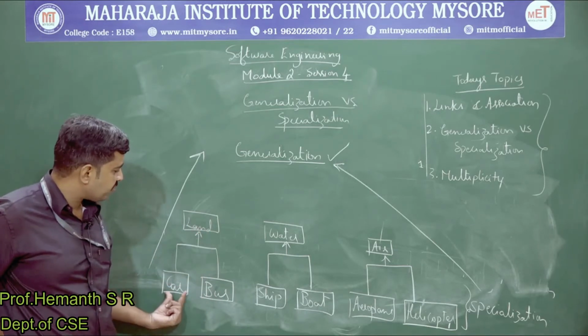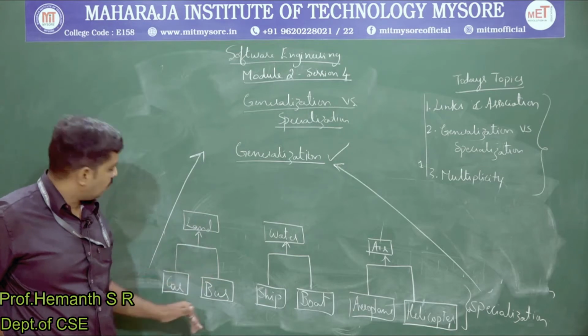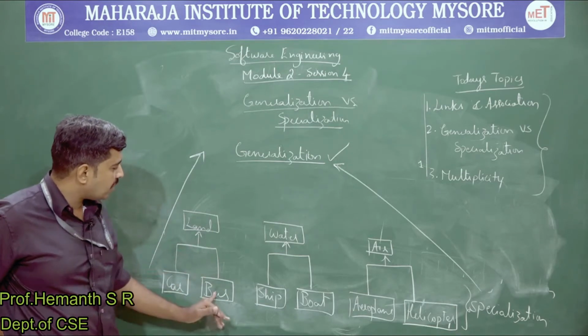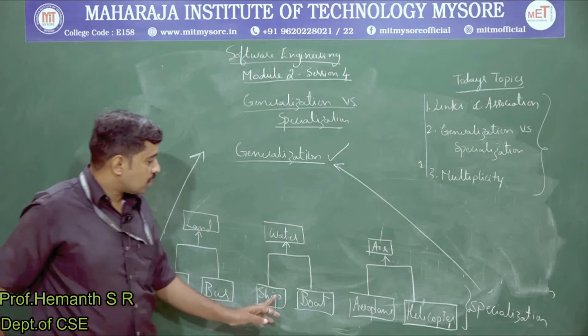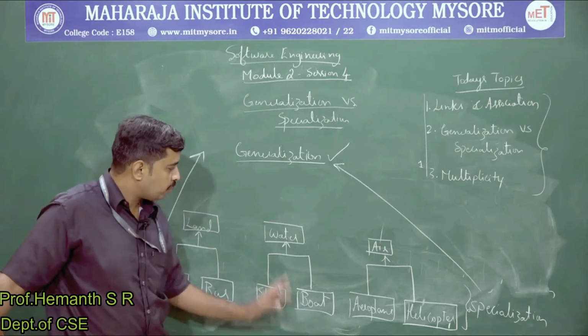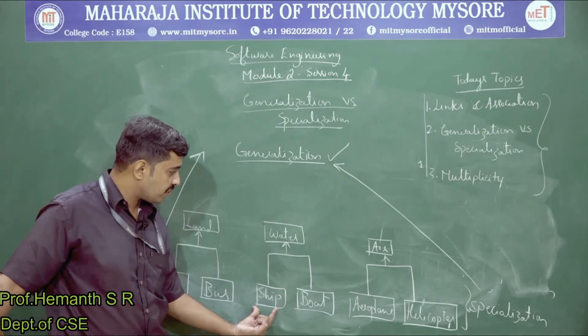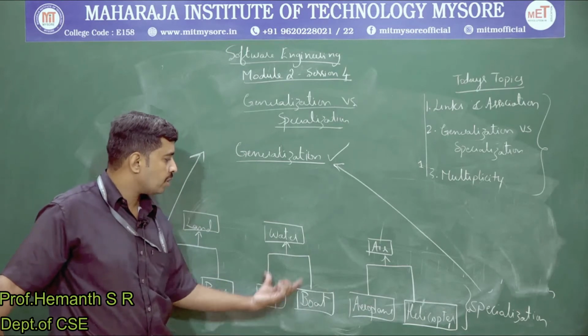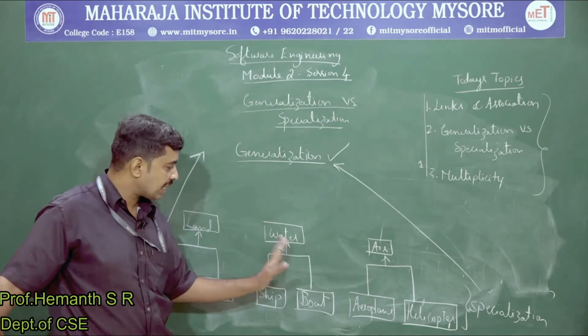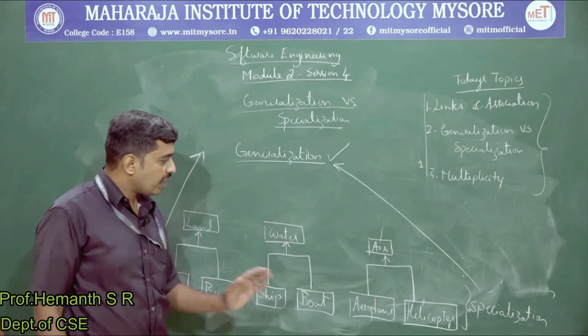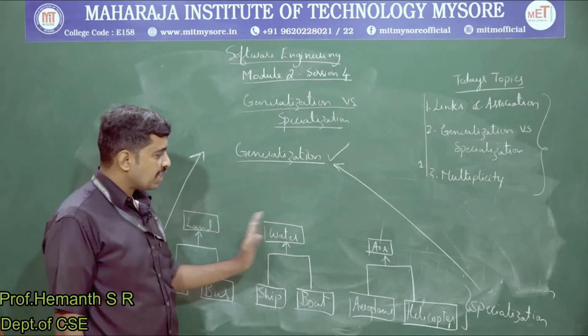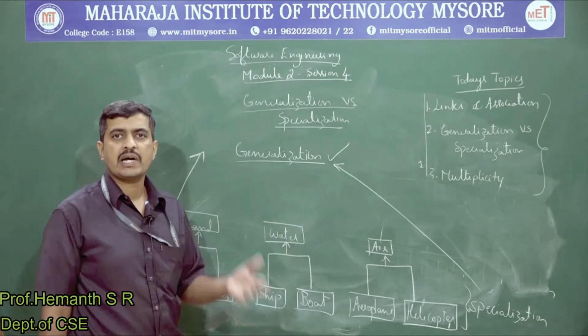So from specialization we are moving to generalization. A car can move on land, a bus can move on land. Ship and boat, both can move on water. You can see from specific instances we have moved to a general instance. Now can we take this further to the next level in the hierarchy?